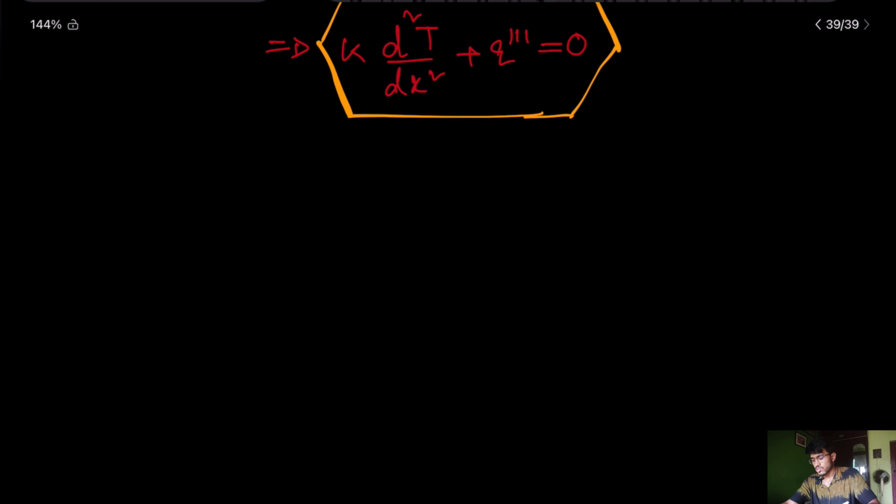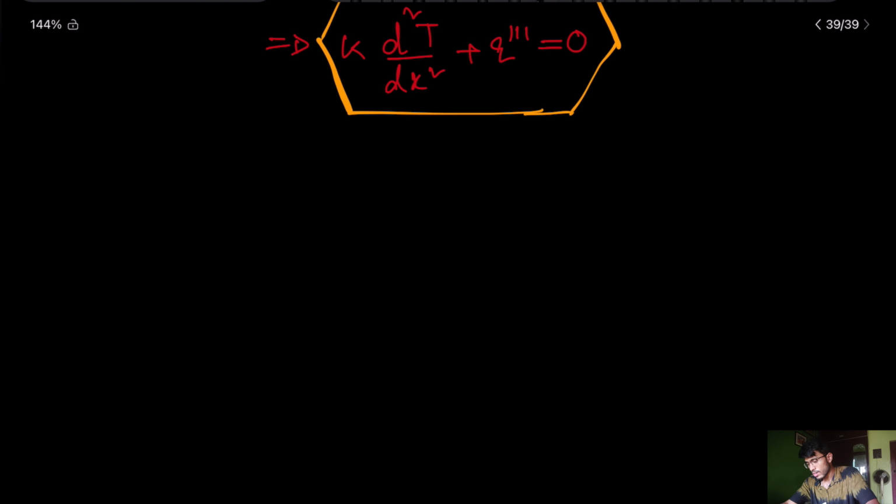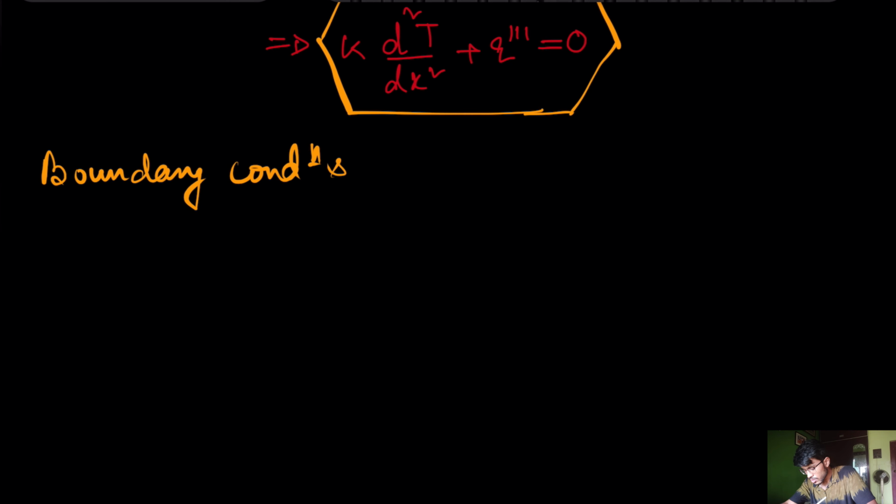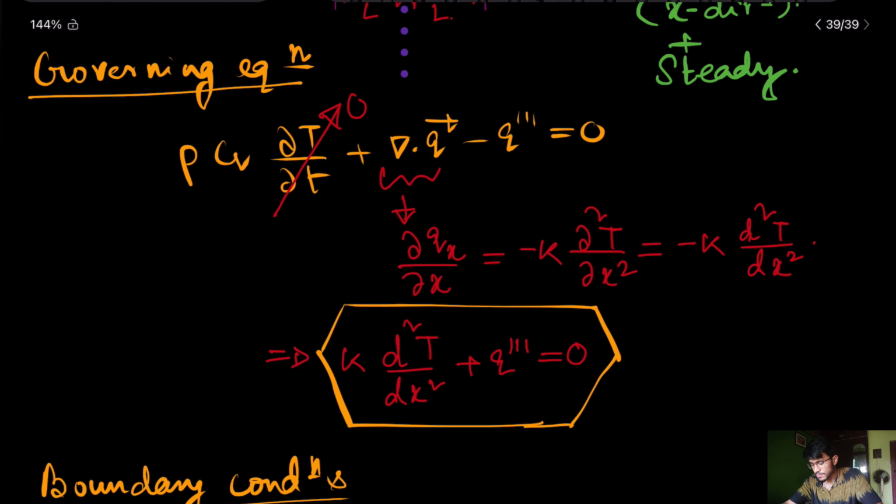Okay, so then boundary conditions. First I have written the governing equation, then I have to write the boundary conditions. So firstly, at x equal to minus L, what is the thing?